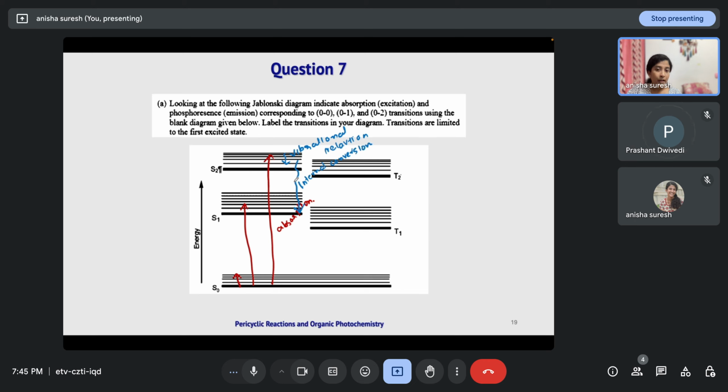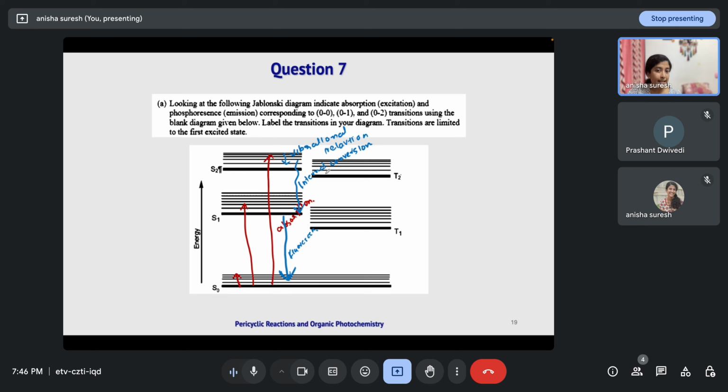And from this zeroth level of the S1 state coming to the ground state by radiative process, it should be drawn as a straight line. Okay. Like this is known as fluorescence. This is a radiative process.